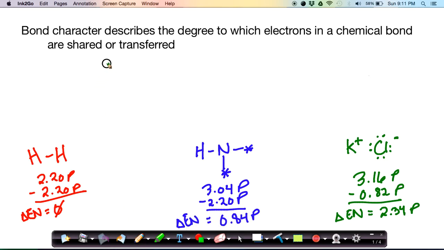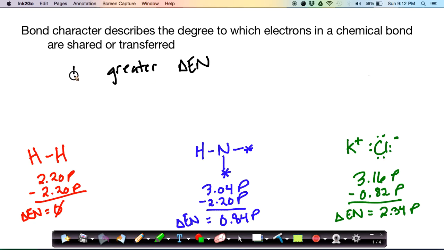So let's write that out here. Let's keep our color codes consistent here. So greater electronegativity difference is going to indicate a more unequally shared pair of electrons.